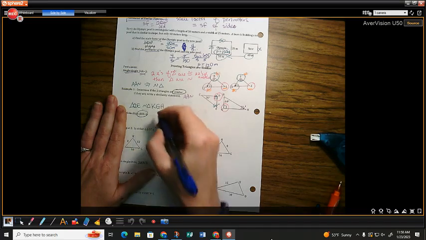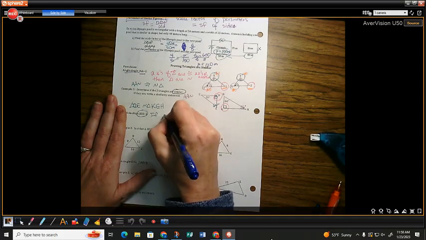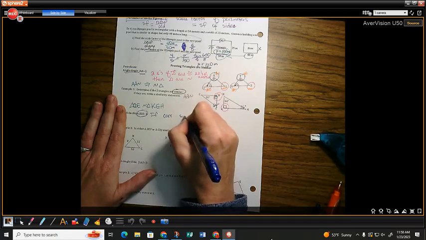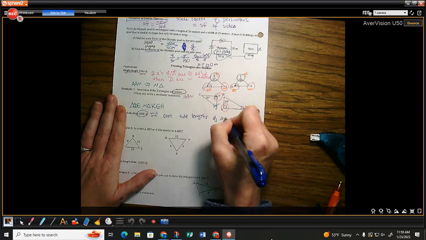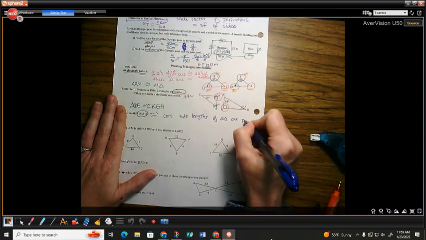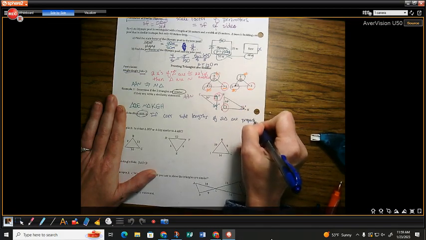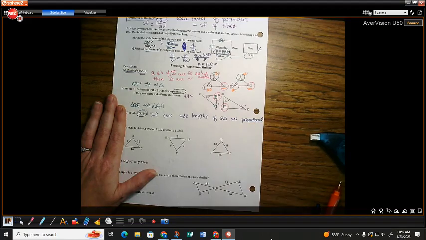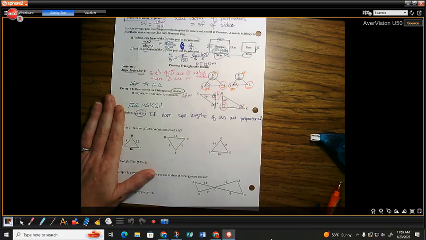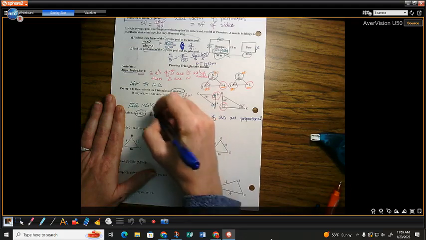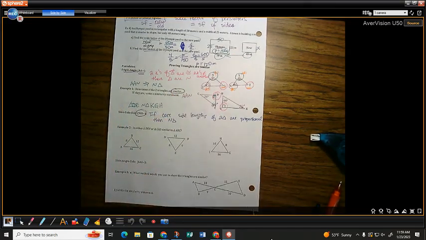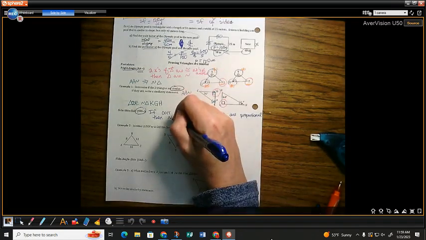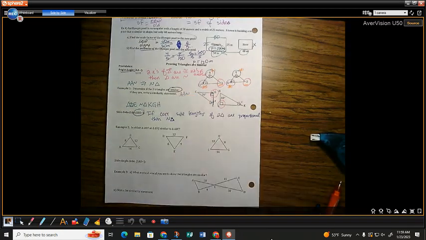Side, side, side similarity says if corresponding side lengths of two triangles are proportional, not congruent, then they are similar.